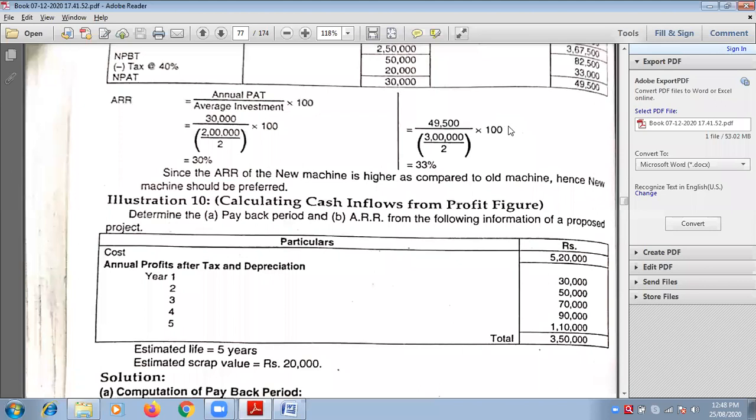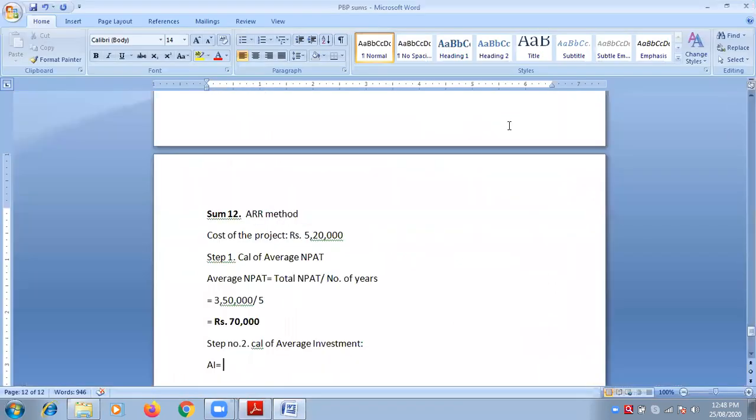Okay. So when scrap value is given, the formula will be a little lengthier. What will be the formula? Cost of investment minus scrap value, divided by 2, and this whole equation has to be put in a bracket, right?